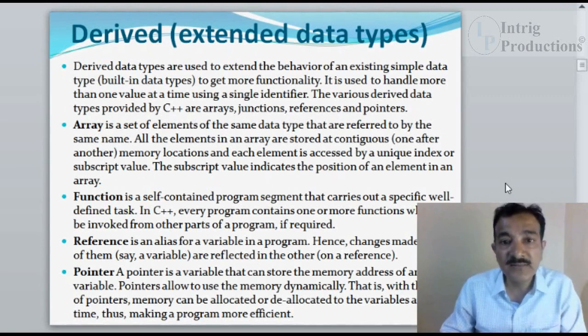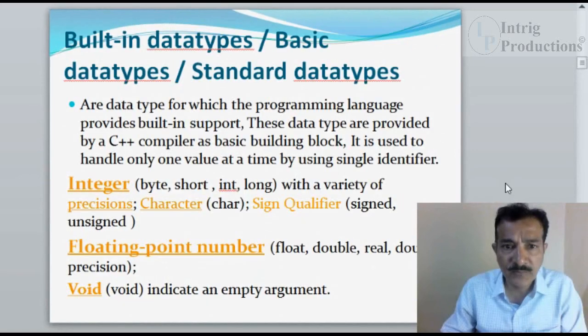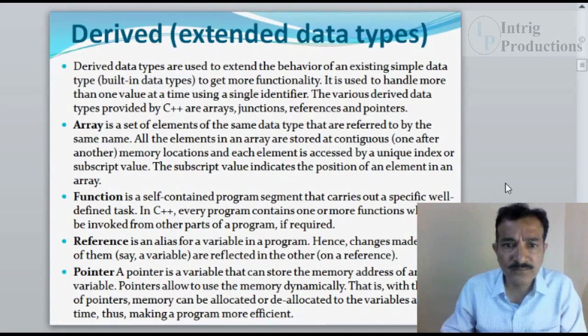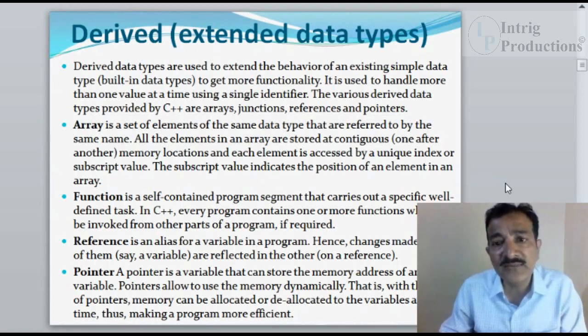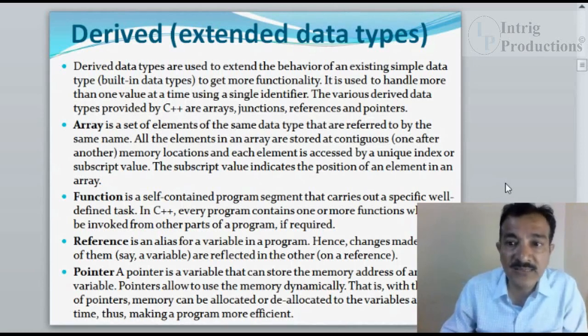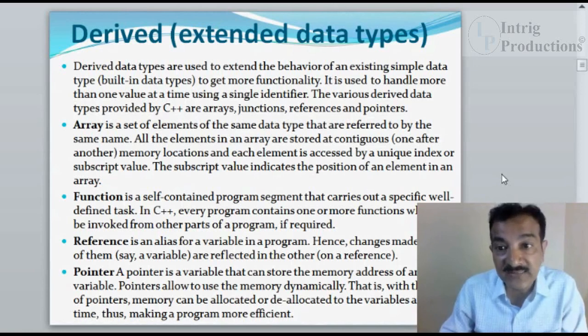The next one is the derived or extended data type. These derived data types are used to extend the behavior of the existing simple data types. These are also built into the system, so it's of the same type basically. Derived data types are used to extend the behavior of an existing simple data type to get more functionality.